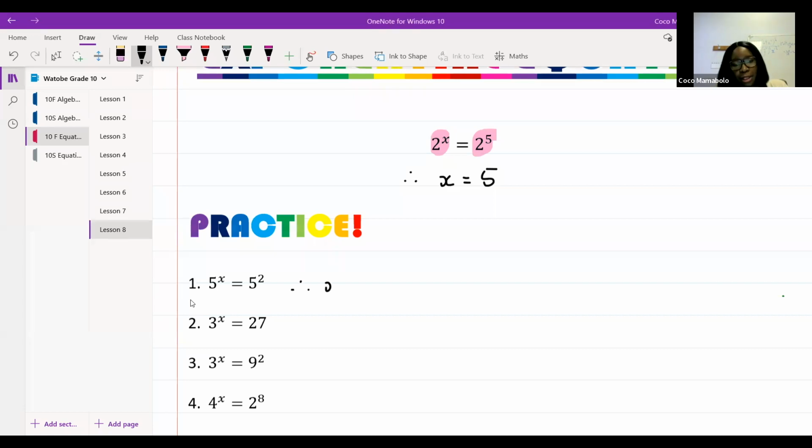Tell me in the chat, x must be equal to 2. Look at number 2, everybody. Yes, Nomaza? Ma'am, x is going to equal 3.